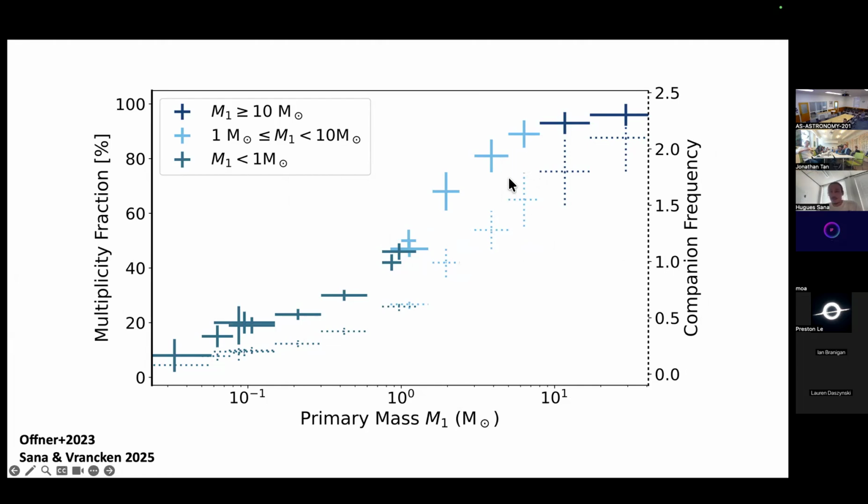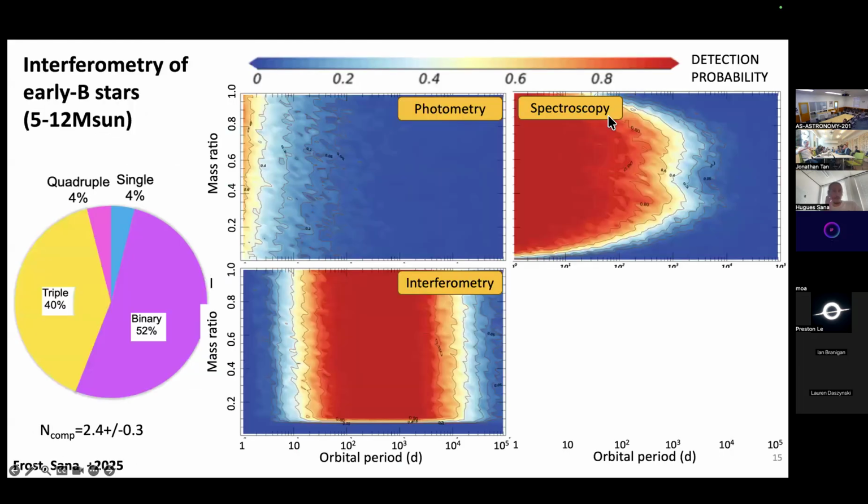There's something we did more recently, is that we went back and checked about this nice curvature that you have here, and we were wondering whether this was real, because based on our observer experience, there's actually more biases in this region than in that region. So we performed, it's a very colorful plot, but what's important is to realize that we combine photometry, spectroscopy, and interferometry on a sample of B-type stars, so 5 to 10 solar masses on average.